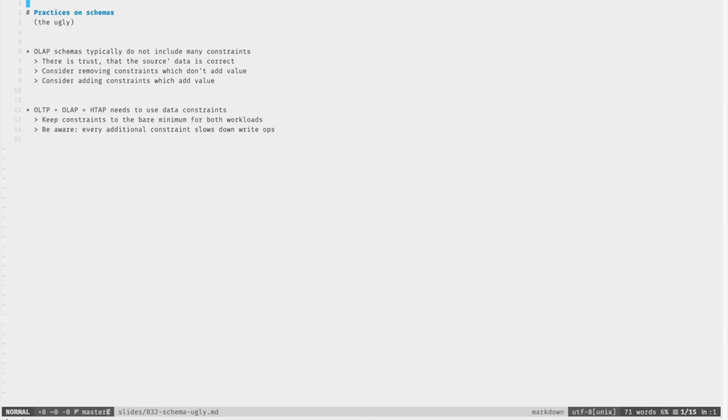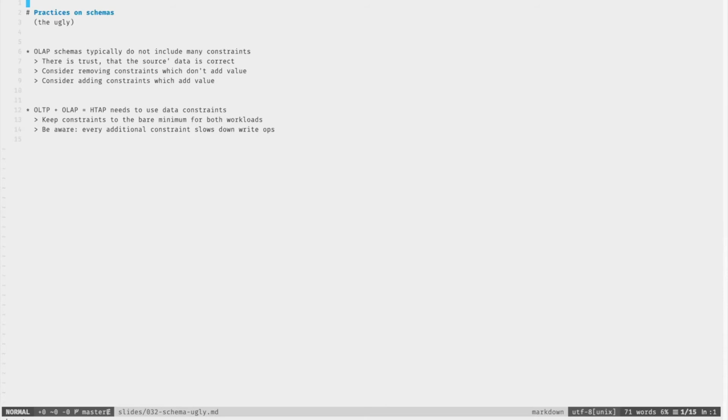Second one, this combination again of OLTP and OLAP. There you are in kind of the other situation because you want to have constraints. Why? Because you have your OLTP tables in there, and this is not necessarily fed from a source that you are trusting. So if there's data coming in, you want to be told if you get a duplicate or if you have something mismatching in your foreign keys, whatever, right?